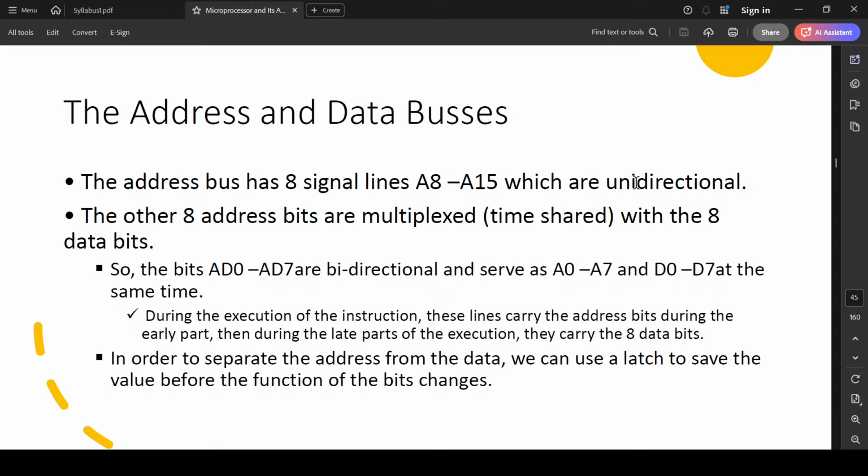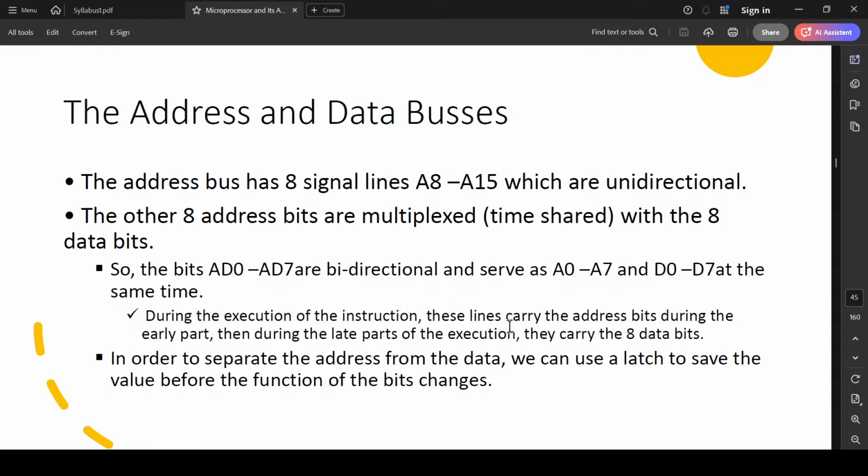The 8 are unidirectional. The other 8, which are multiplexed from 0 to 7, are bidirectional, and the other 8 to 15 are unidirectional. So the bits AD0 to AD7 are bidirectional and serve as A0 to A7 and D0 to D7 at the same time. Okay, on A0 to A7 you can send in one direction, and on D0 to D7, the other direction.